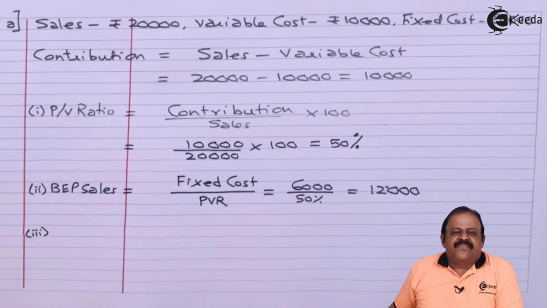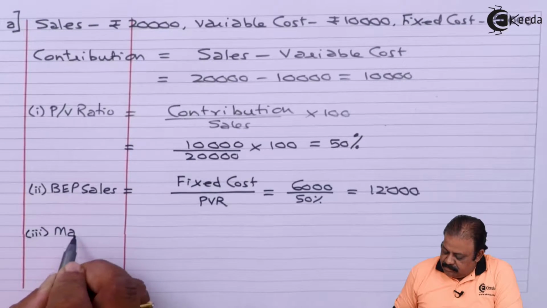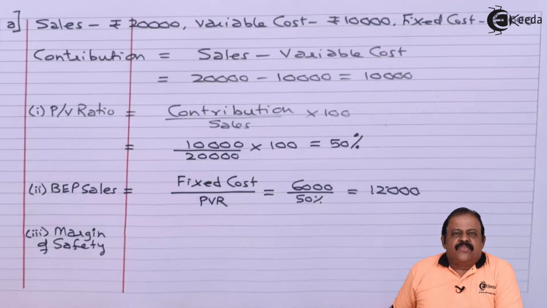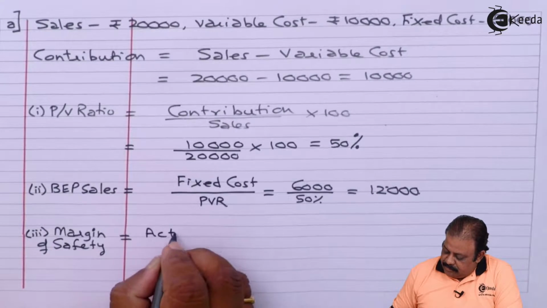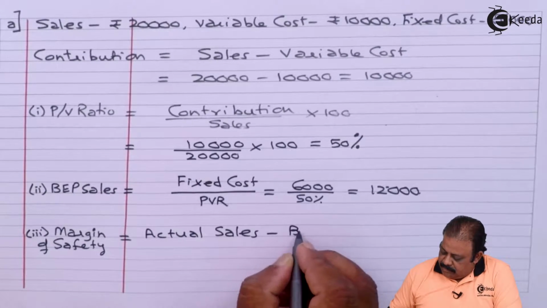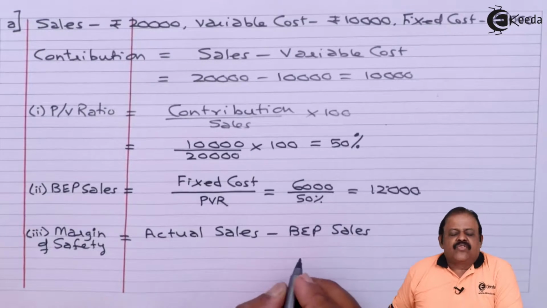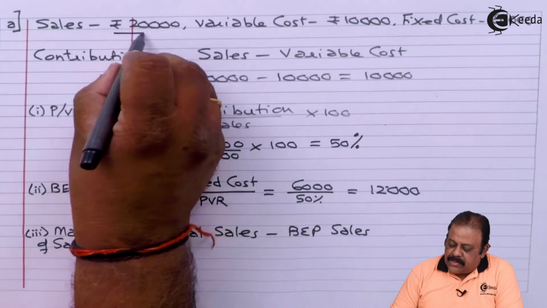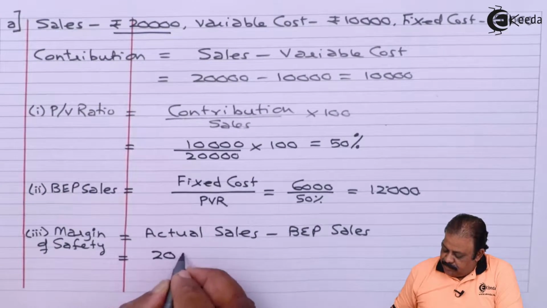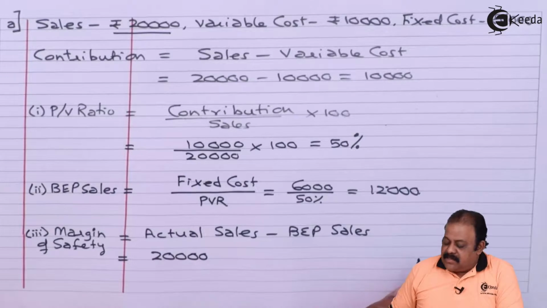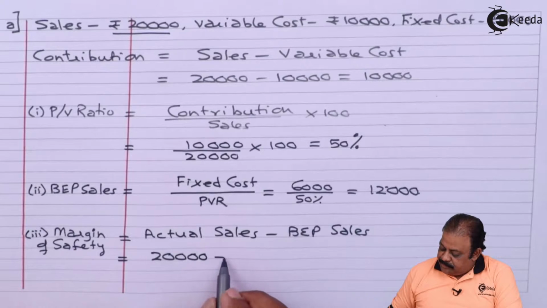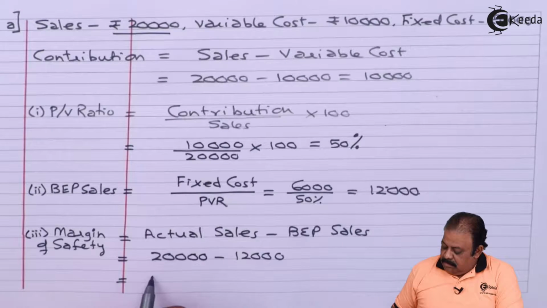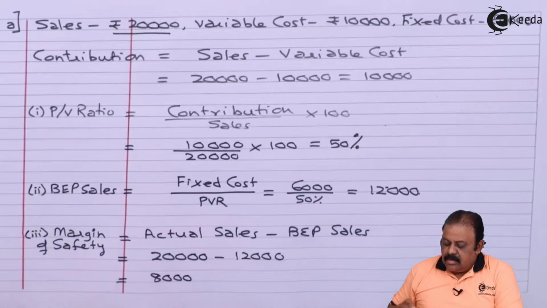Third, they have asked margin of safety at this level. Formula for margin of safety is actual sales minus break-even point sales. Actual sales we have here rupees 20,000. Break-even point sales we have calculated here rupees 12,000. So 20,000 minus 12,000, margin of safety is rupees 8,000.